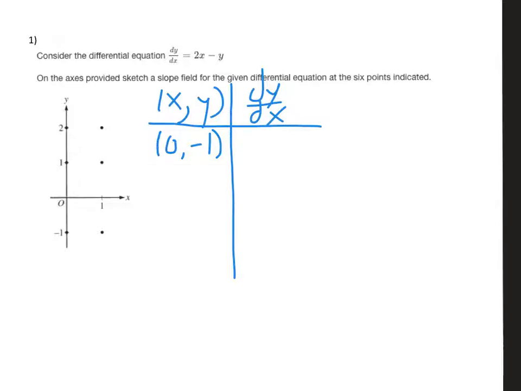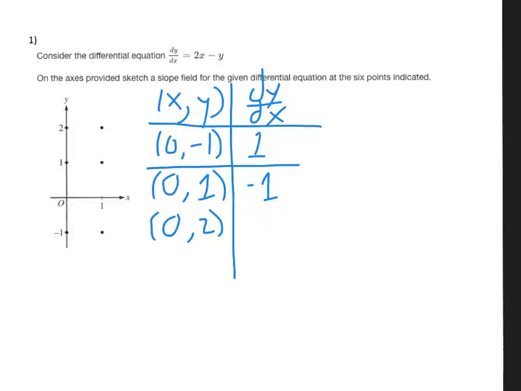All we have to show is the slopes. So if I plug in 0, -1, I'm going to get out 1, so that's a slope of 1. Then I plug in 0, 1, and I'm going to get -1. And then 0, 2, and I'm going to get out -2.